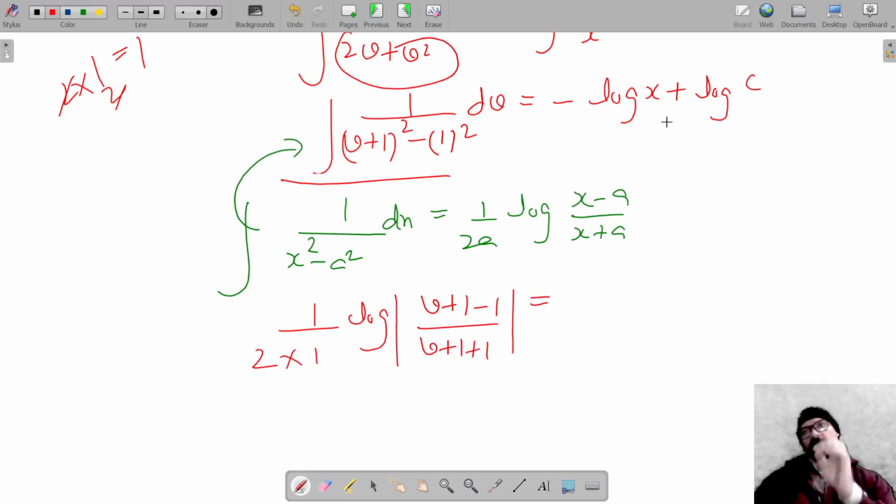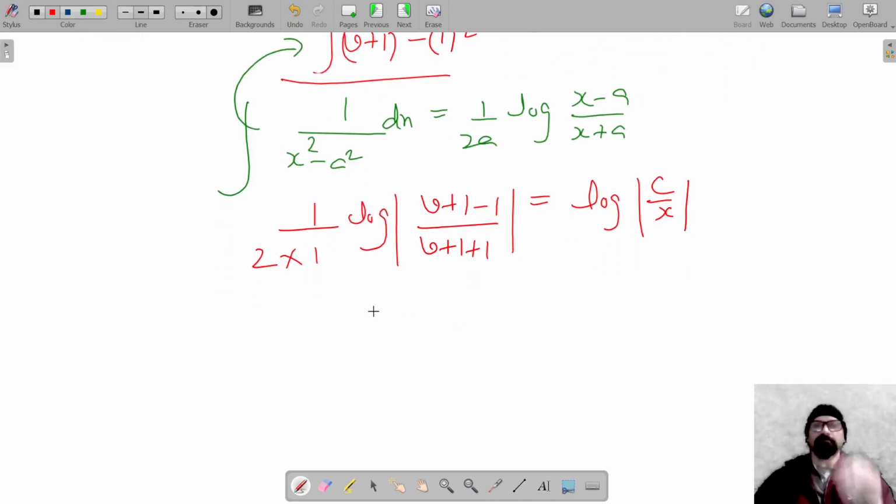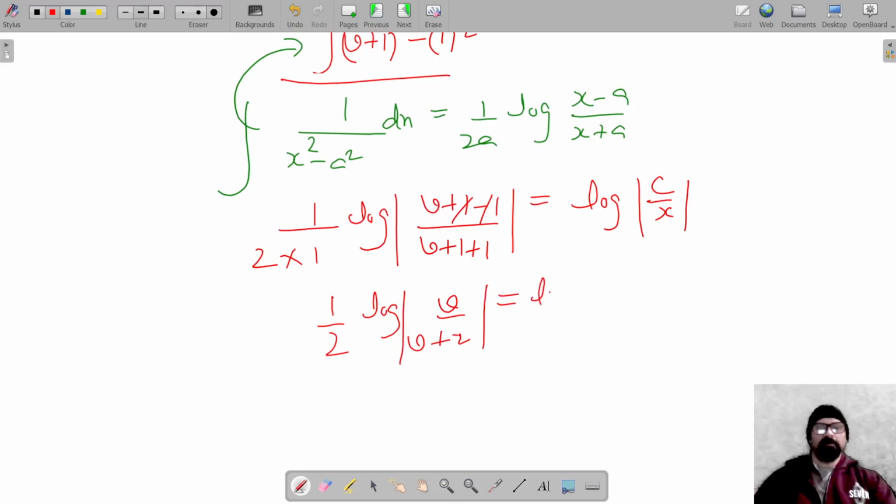And this is log a minus log b, which is log of a upon b. So this is half log v upon v plus 2 is equal to log of c by x.